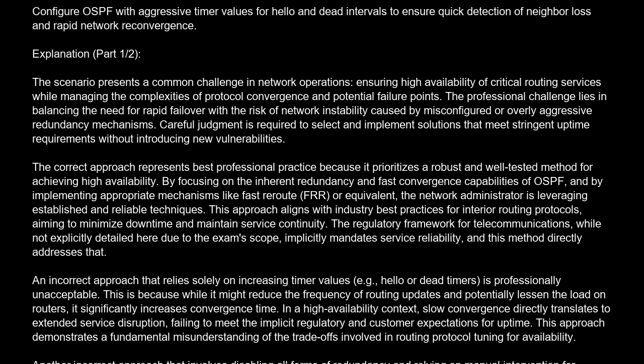By focusing on the inherent redundancy and fast convergence capabilities of OSPF, and by implementing appropriate mechanisms like Fast Reroute, FRR, or equivalent, the network administrator is leveraging established and reliable techniques. This approach aligns with industry best practices for interior routing protocols, aiming to minimize downtime and maintain service continuity.